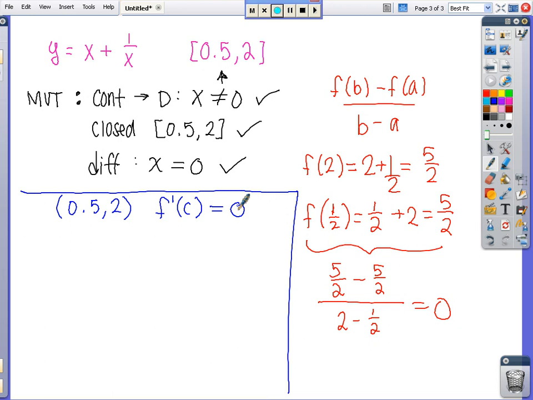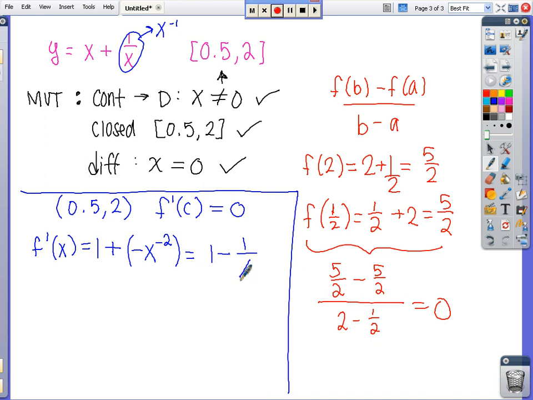All right, and so we're going to look at the derivative of the function, which is 1 plus, so that's x to the negative 1, so we would write that as negative x to the negative 2, which ends up being 1 minus 1 over x squared.